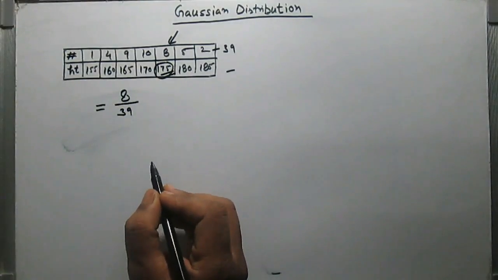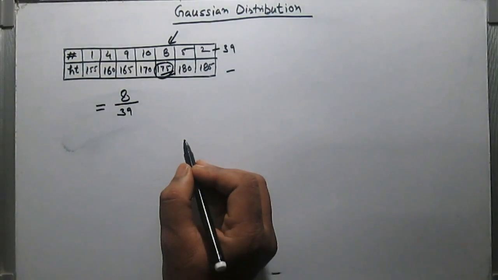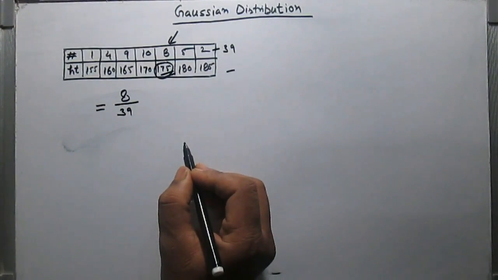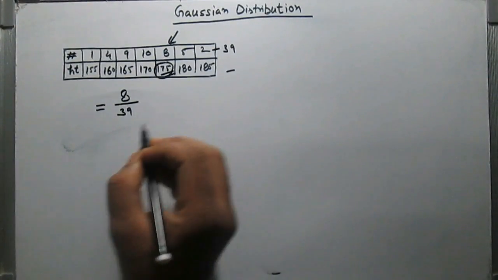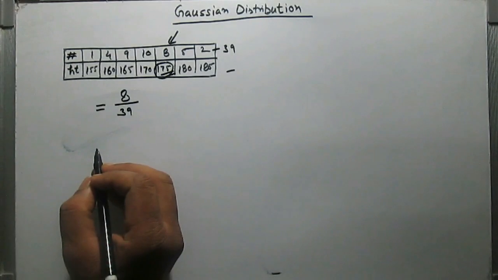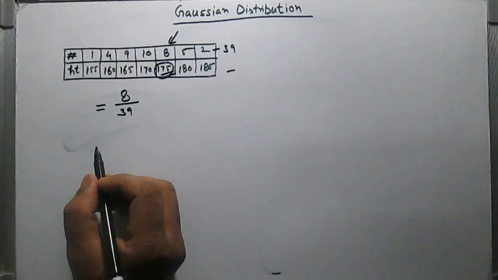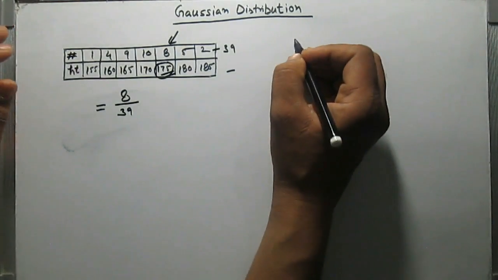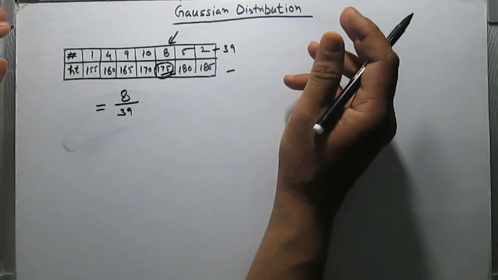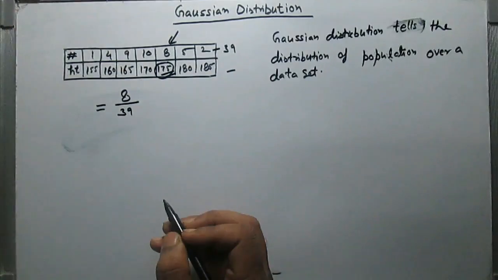But suppose the data set given is a sample data set of a large population of maybe 100 students. Then how can we predict the height of a randomly chosen student out of those 100? Gaussian distribution tells the distribution of population over a data set.